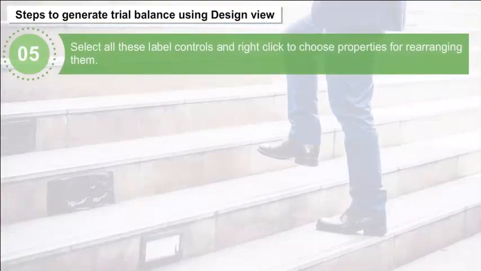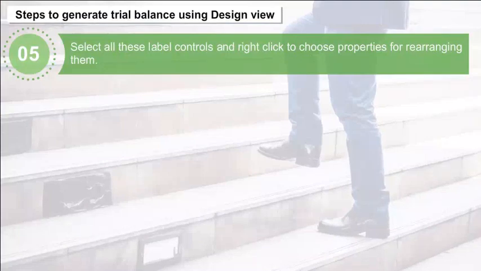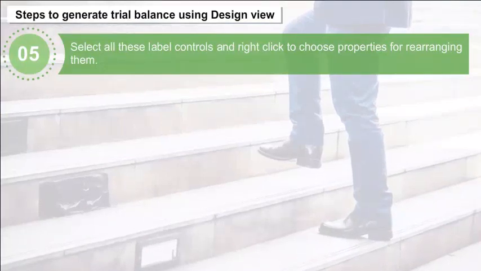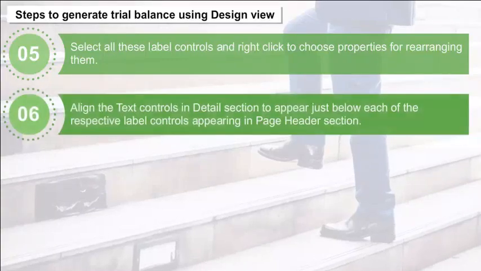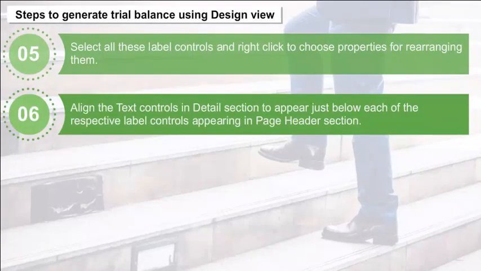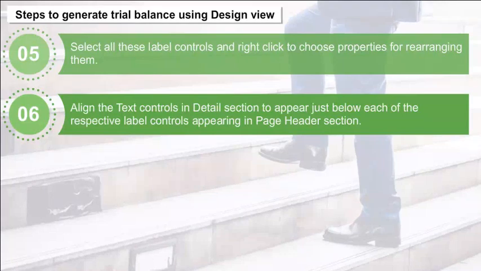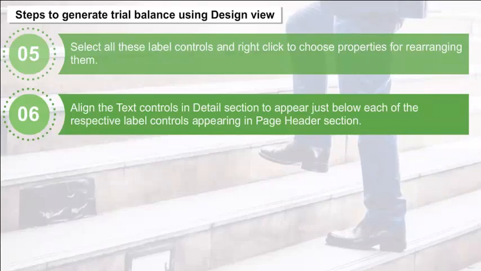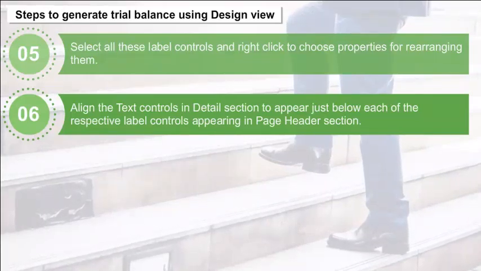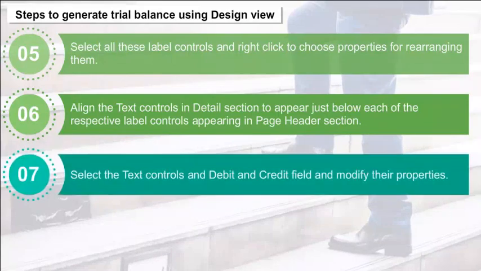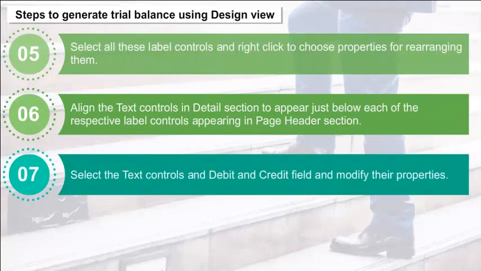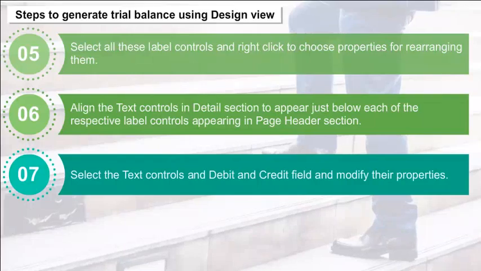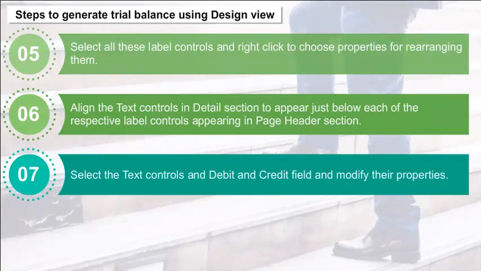Select all these label controls and right-click to choose Properties for rearranging them. 6. Align the text controls in Details section to appear just below each of the respective label controls appearing in Page Header section. 7. Select the text controls and debit and credit field and modify their properties.